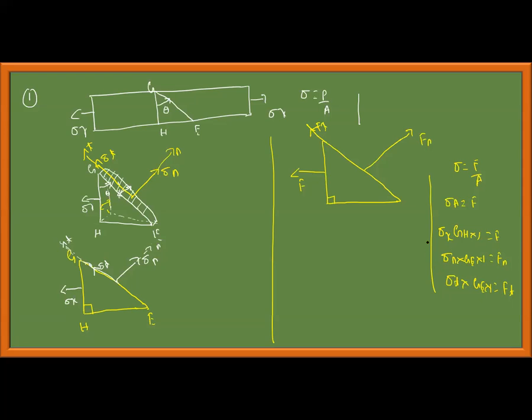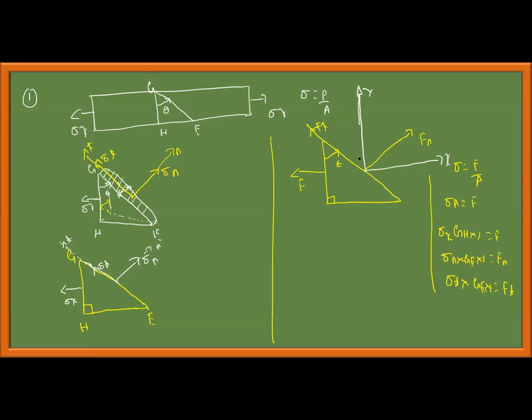Now I have taken this force at an angle theta. We have discussed this in the previous class. If I draw an x plane and a y plane like this, this is my x direction and this is my y direction.